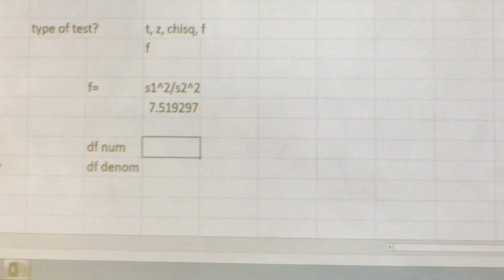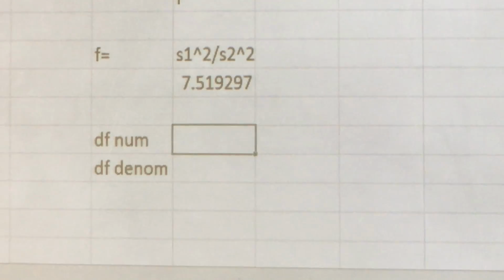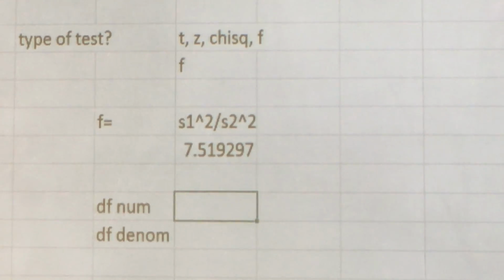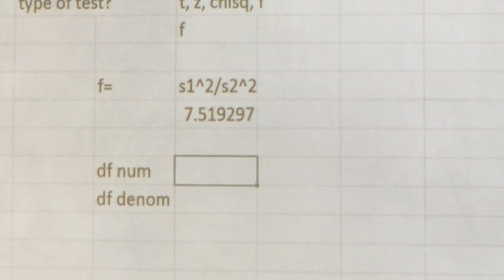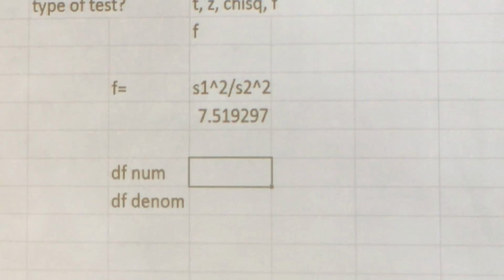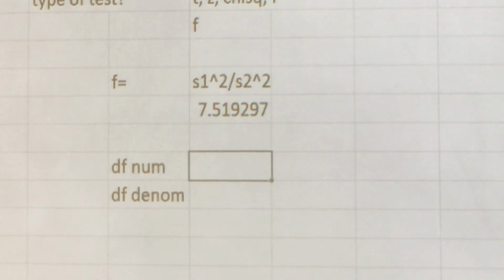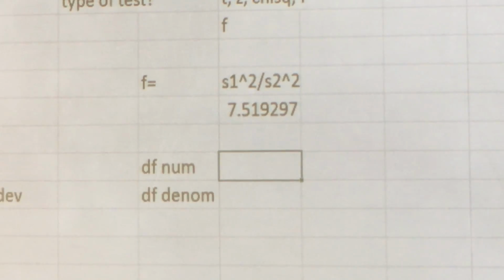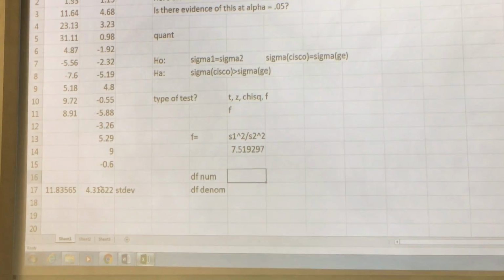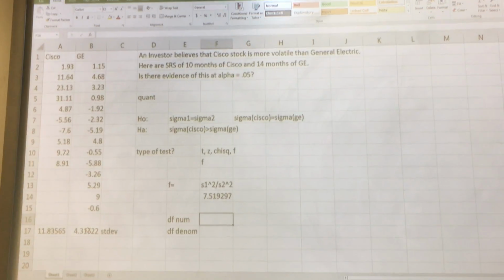What's the degrees of freedom of the numerator? It's the Cisco, the first one.